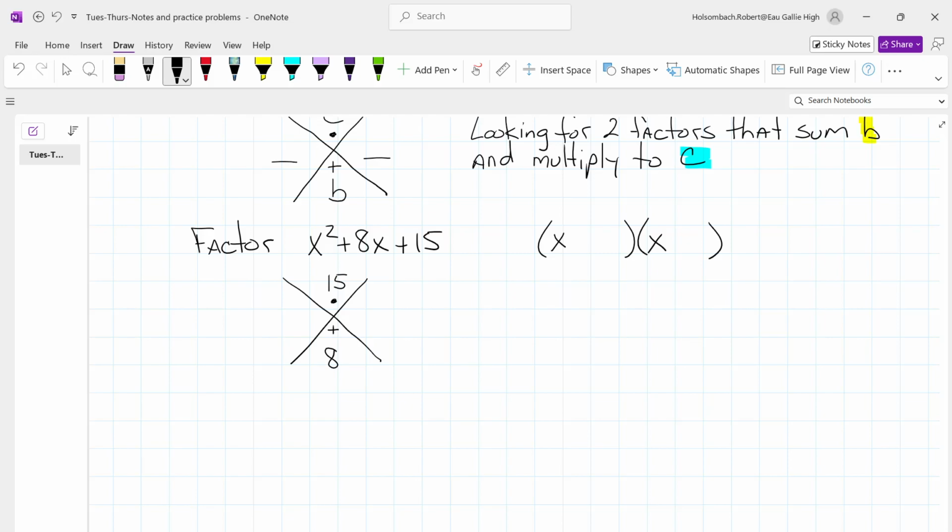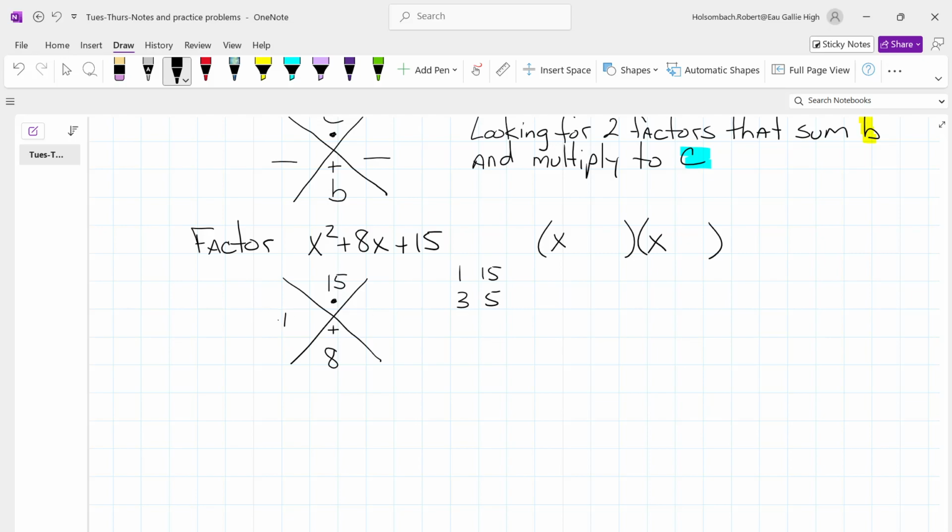So if you're not real good with your factors, then just list the factors of 15. You can start with 1 and 15, 3 and 5, and that's it. Those are all of the factors for 15. And with a 1 and a 15, you can't add to 8, can you? But with a 3 and a 5, you can.